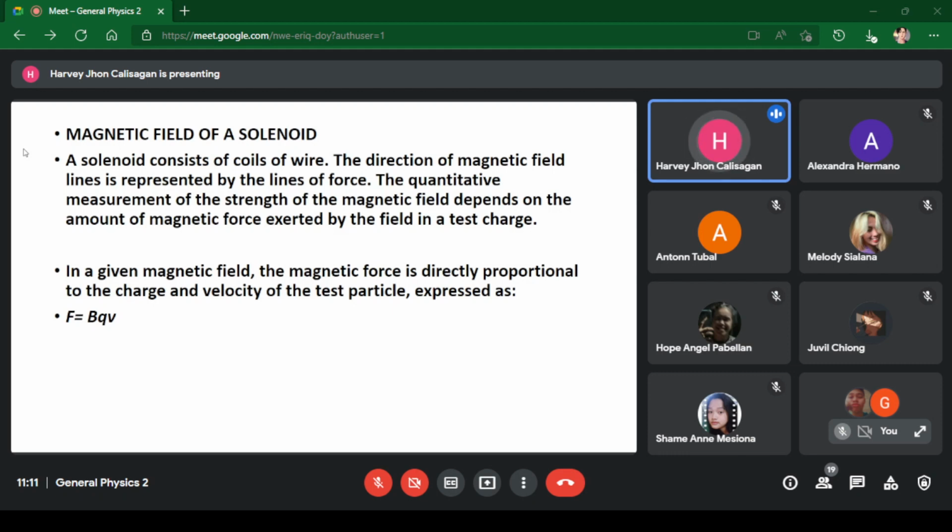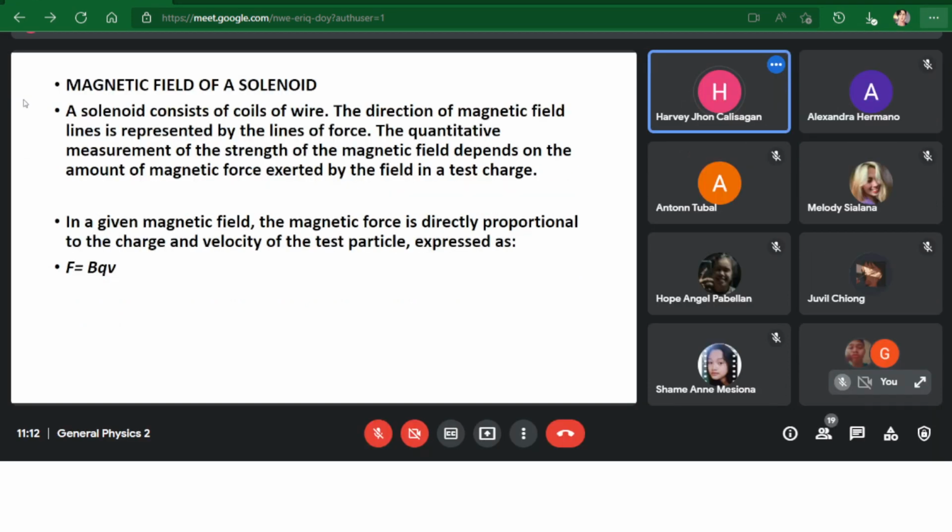If you go back to the activity where you use your hands, gripping something, if you grip your hand, you can say that those gripped fingers are a sample of solenoid coils. These are the coils of wire, for example. Your thumb is the source of the current, let's say a product of the force.